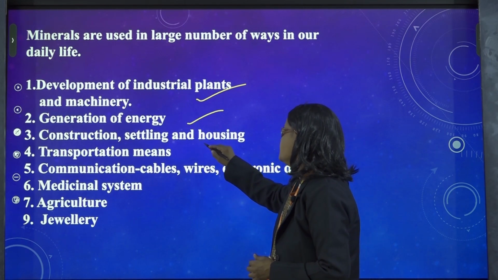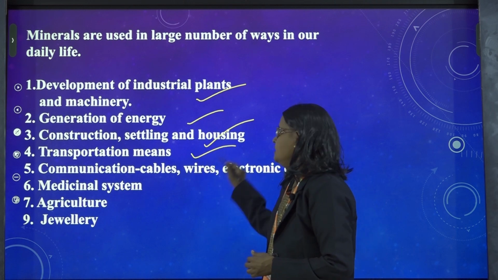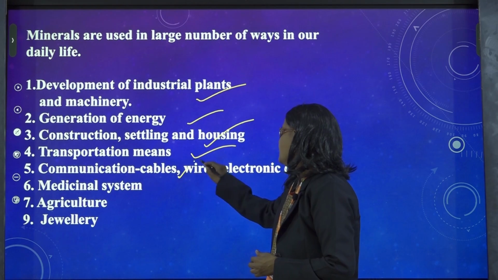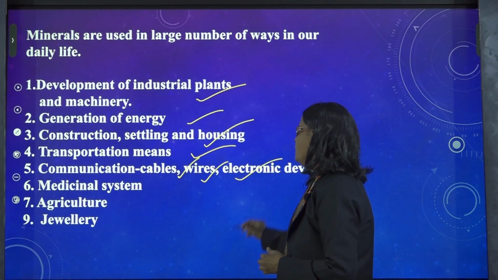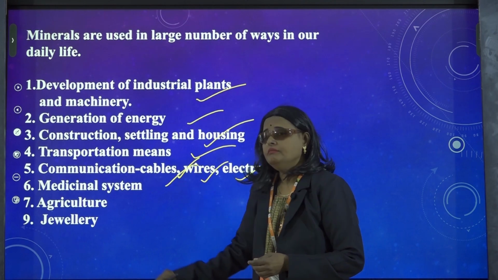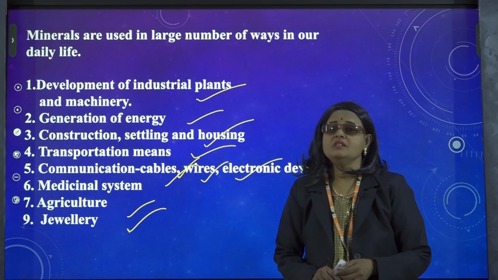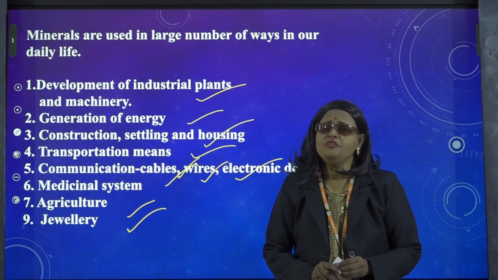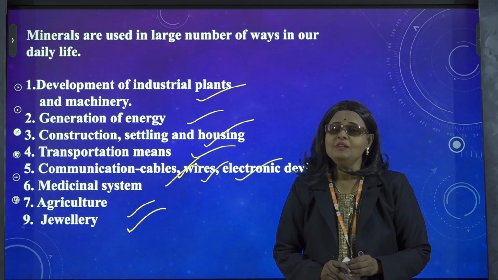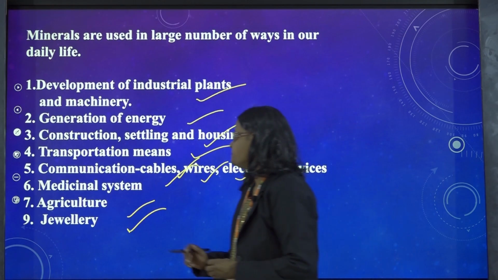In constructional activities, settling and housing, we use the minerals. In transportation, communication, cables, wires, electronic devices. Even in the medicinal system, agriculture and jewelry, we utilize these minerals. So, that is why these are very important, and the minerals are the symbol for national development, right.